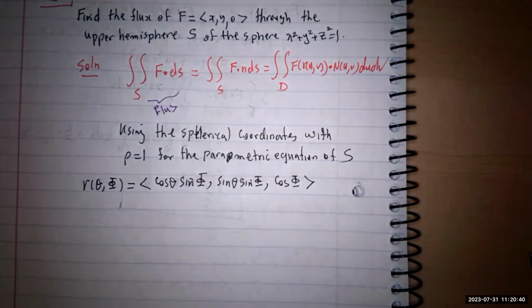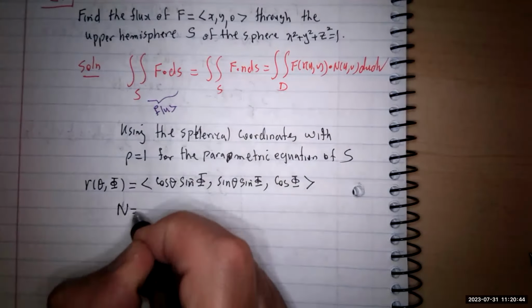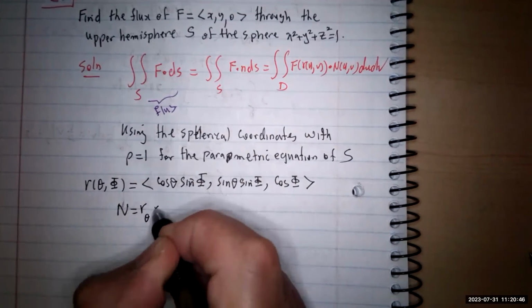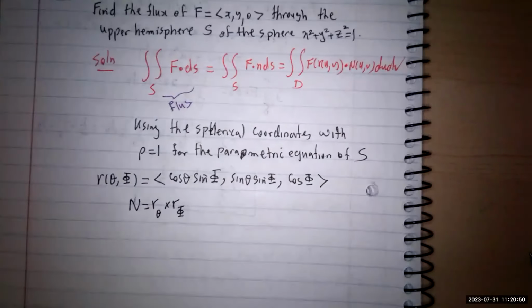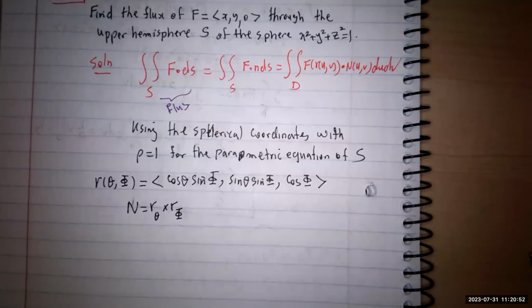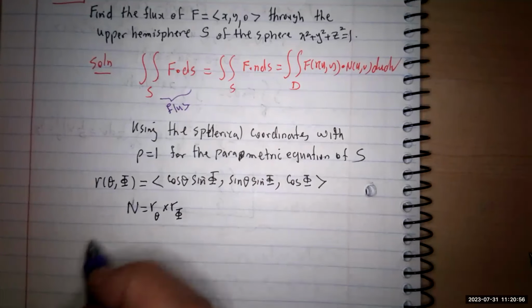Now you have to find the normal vector. Your n is going to be r theta cross r phi. Now you have to carefully differentiate.